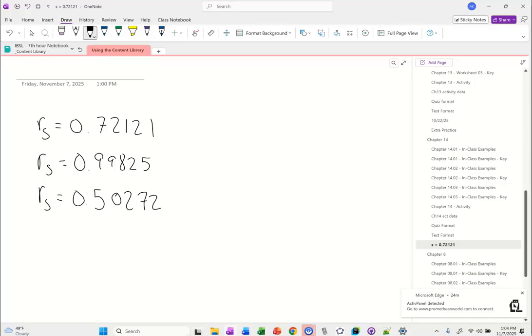Wait, what did I get on here? I always forget about Tomasino, Matt, you. And you rank them, so if the lowest is first, the rank would be 1.